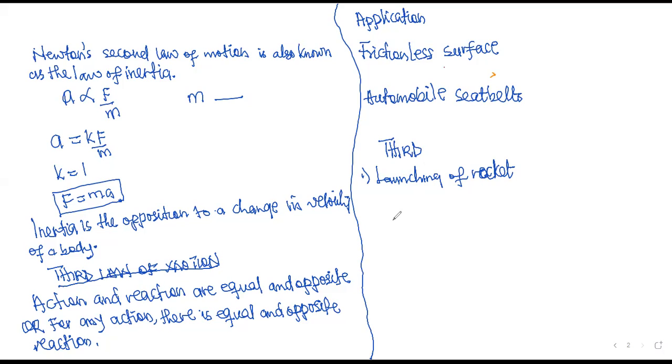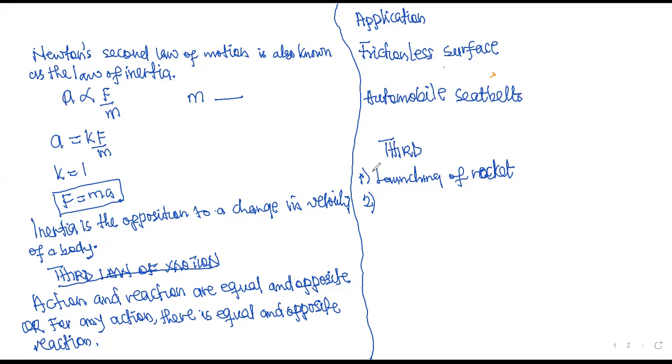Another application of the third law is during swimming. If you are somebody who is a good swimmer, you see, during swimming, you would exert a force on the water in the backward direction with your legs and then with your hands.